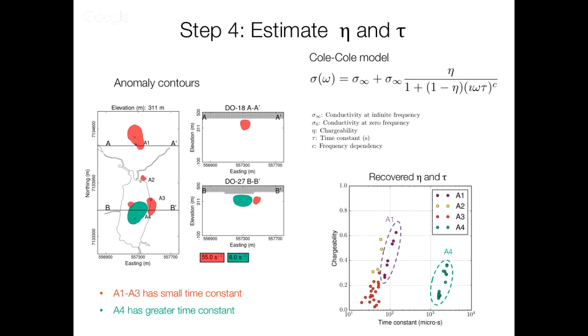A2, hold on, A1, sorry, this guy here is purple, so they're up here. A2 is yellow, so they're here. A3 is red, so they're down here. So these rocks up here seem to be chargeable with time constants on the order of 100 microseconds or less.